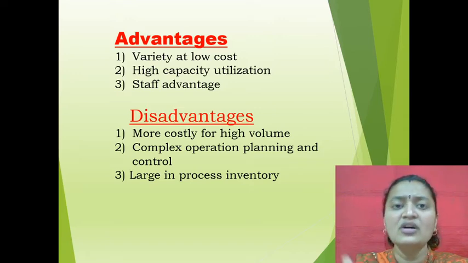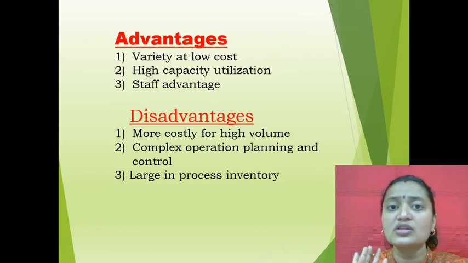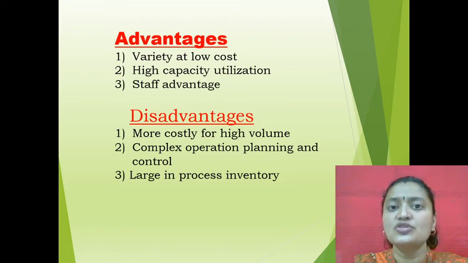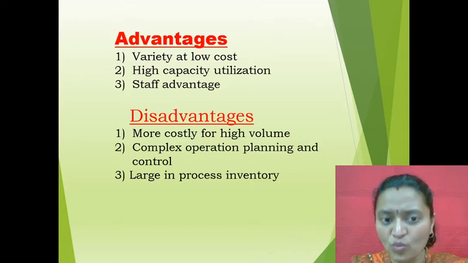Inferior means low quality, meaning the quality of that particular product is not that good, and superior means higher quality. So the machines here are less expensive, so it is more costly for high volume.